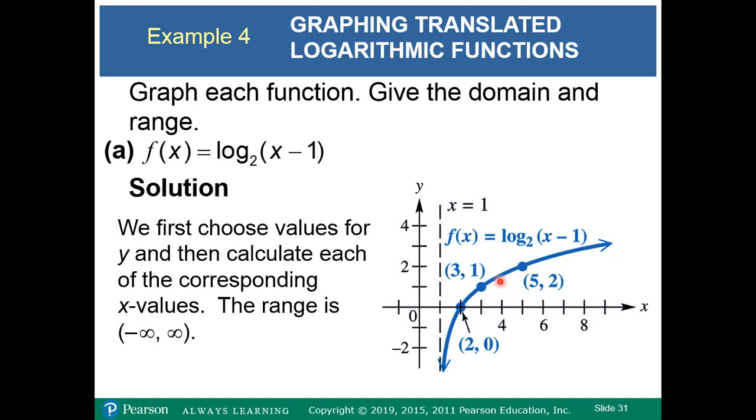What is the value of y we want? We want 2, and we get 5. Plug in 1, we get 3. Plug in 0, we get 2. And then we can sketch the graph.